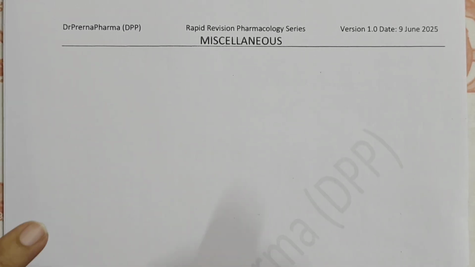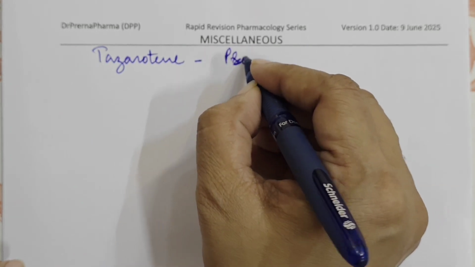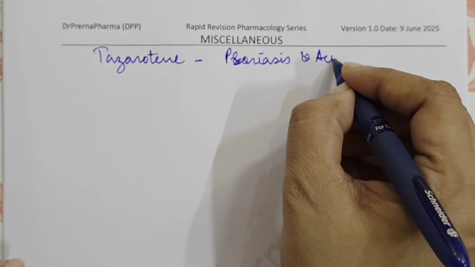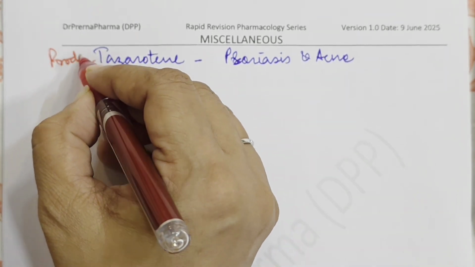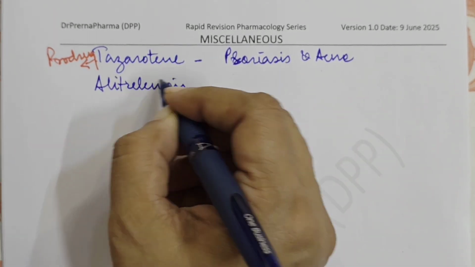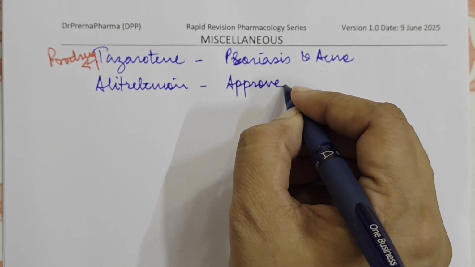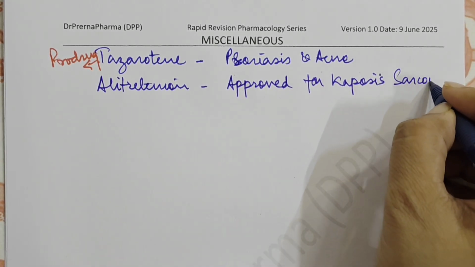Next, in the retinoids, tazarotene is used in psoriasis and acne. An important thing here is that tazarotene is a prodrug and it is activated. Then alitretinoin is approved for Kaposi's sarcoma.